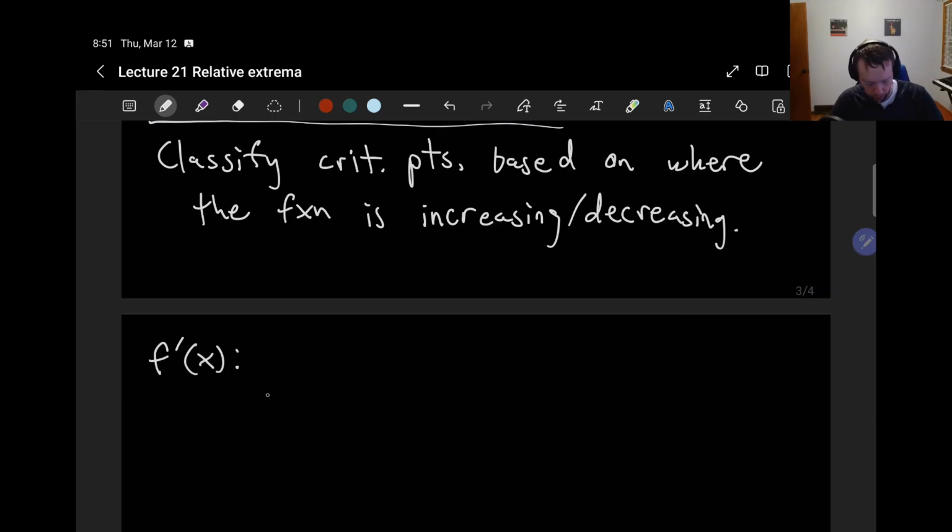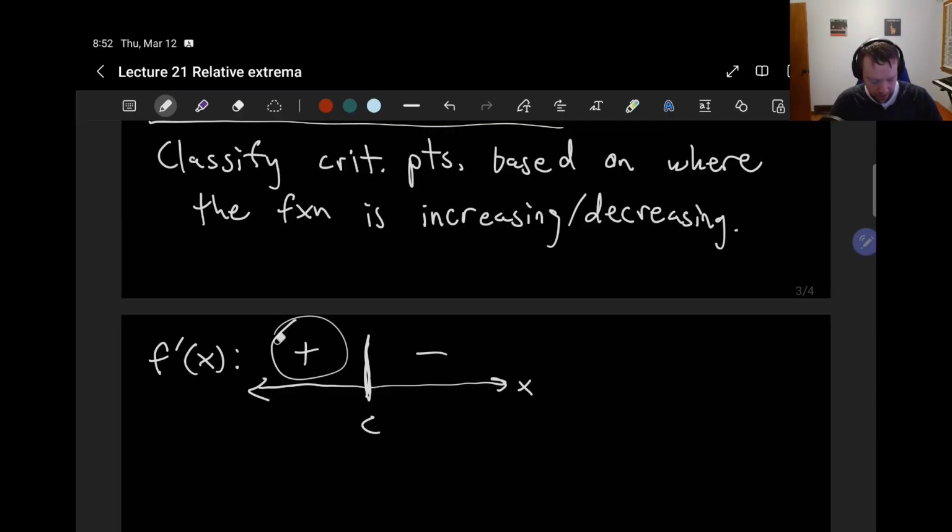So here's how you tell. Last time we were drawing our little number lines, and I'm going to do that again. So suppose we have a critical point C, so I use that to divide up my number line, the x-axis. And suppose that the derivative is positive on this side of C, negative on the other. Well, that means that my main function f is increasing, and then you hit C, and then you're decreasing.